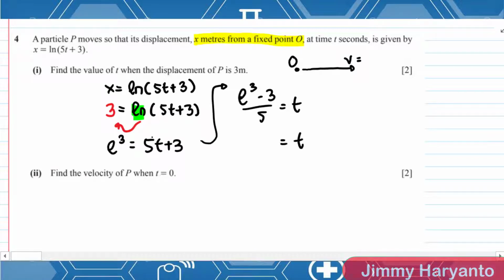So the t will be how much? E to the power of 3 minus 3 over 5 is 3.42 to 3 significant figures. And the unit is seconds.